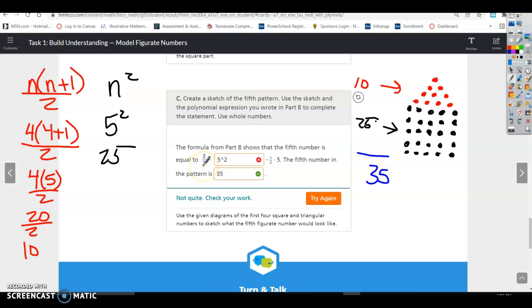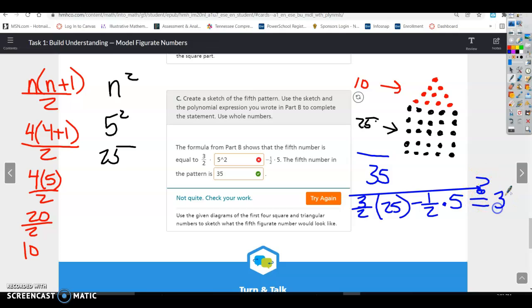All right, so if we've got 3/2 times 25 minus 1/2 times 5, does that equal 35? I'm just checking myself here.